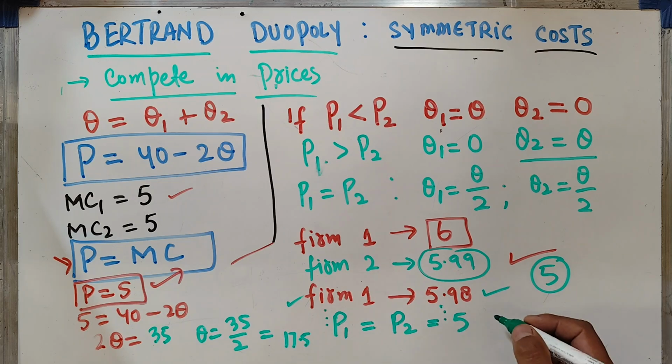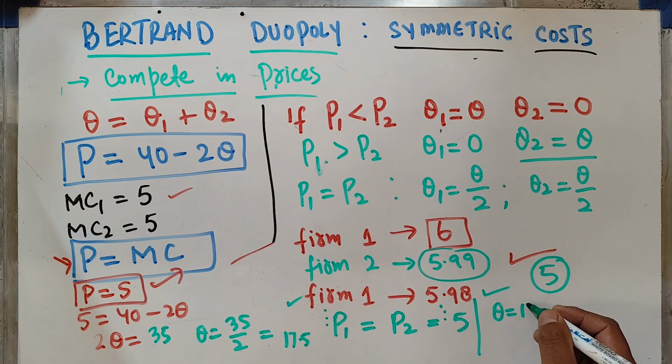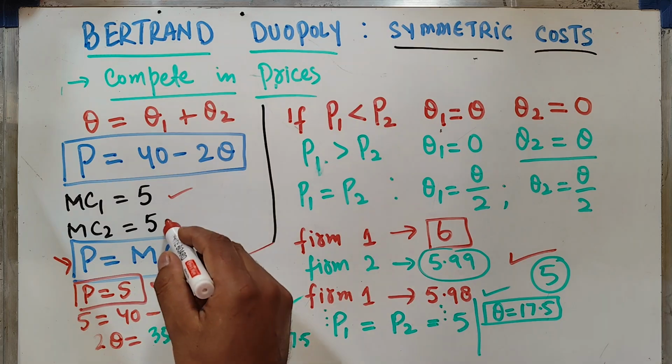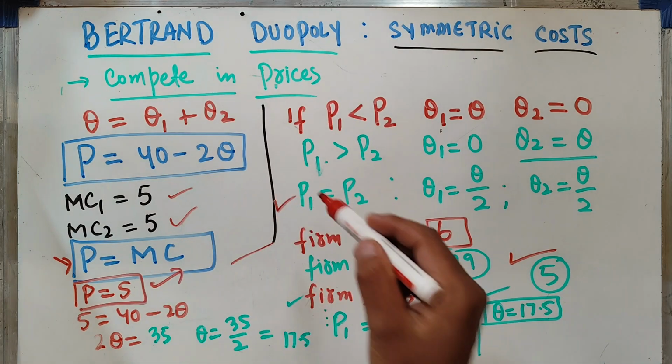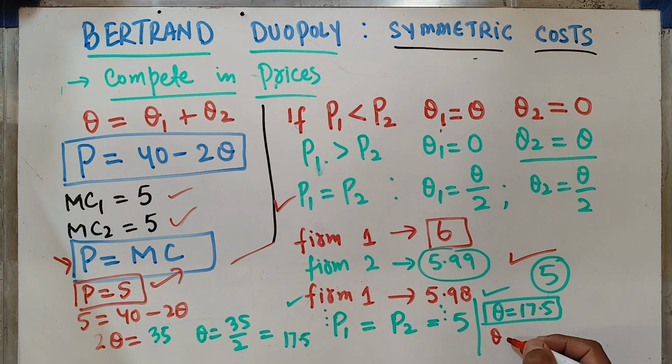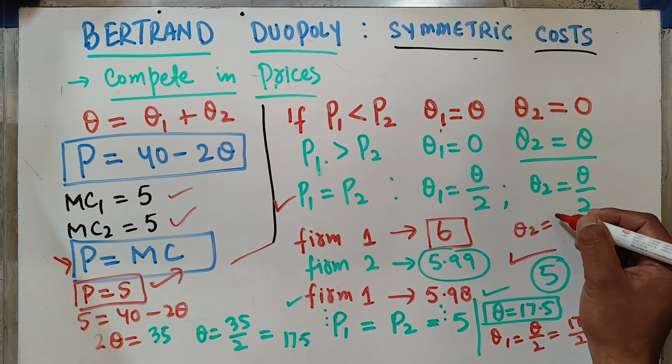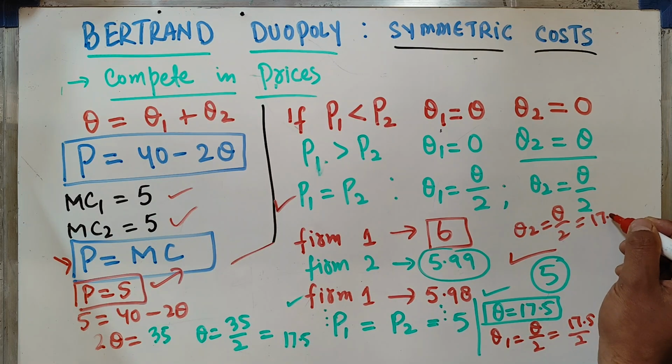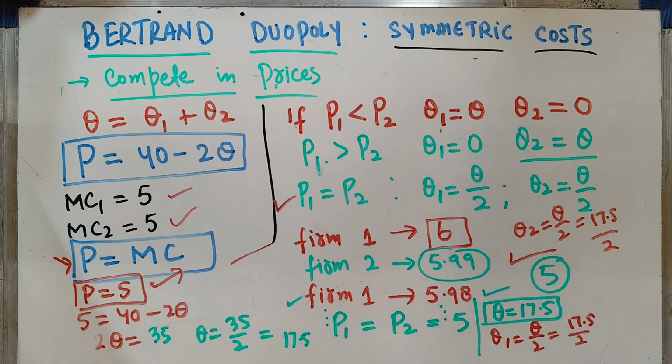That means total quantity produced in the market will be 17.5. Since marginal costs are the same, they split the market: Q1 equals Q divided by 2, which is 17.5 divided by 2, and similarly Q2 equals 17.5 divided by 2.